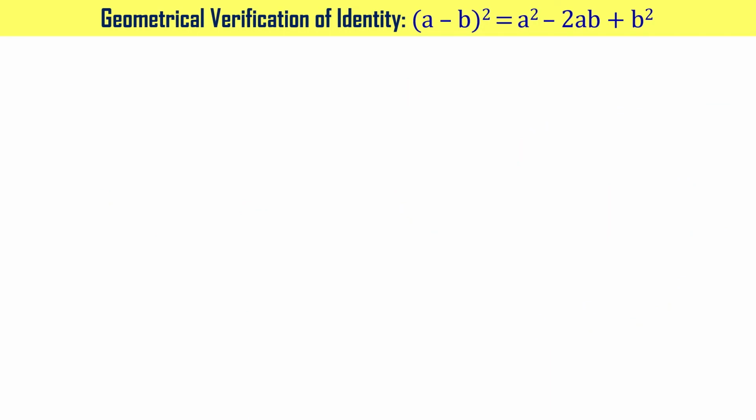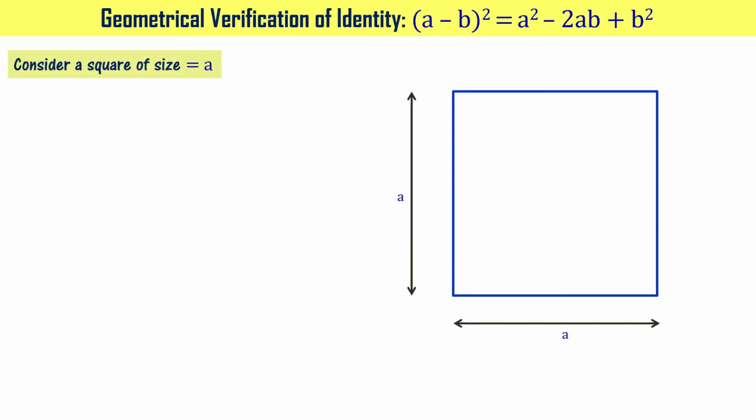Let's now learn to verify another identity, that is a minus b whole square equal to a square minus 2ab plus b square. To do that, let me now consider a square of size a as shown here. Its area is going to be a square, right? Now let me draw a square of size b as shown in the figure.